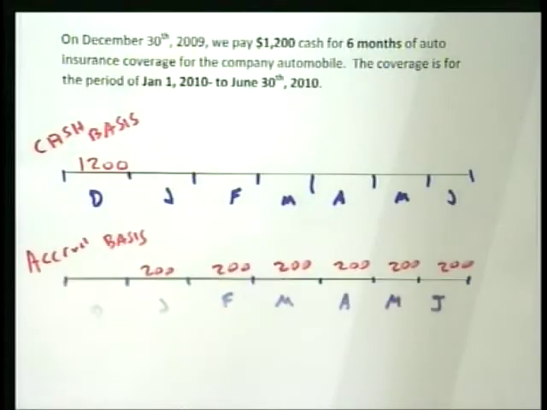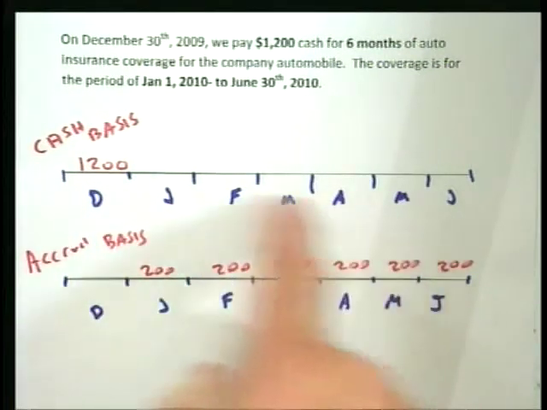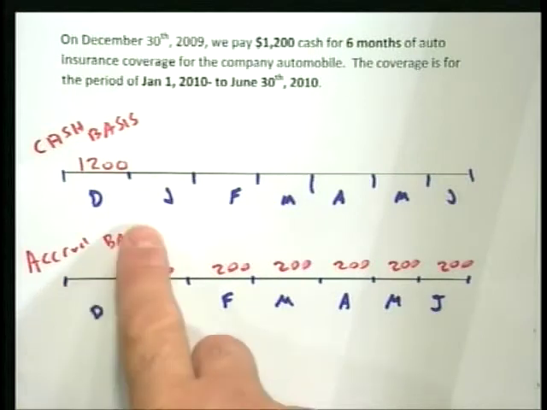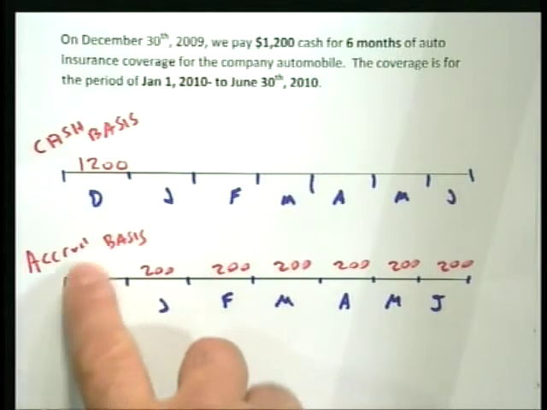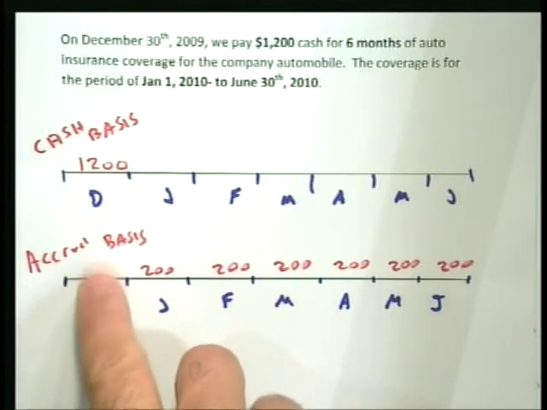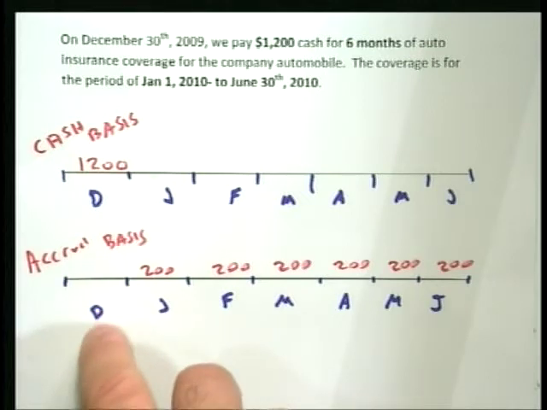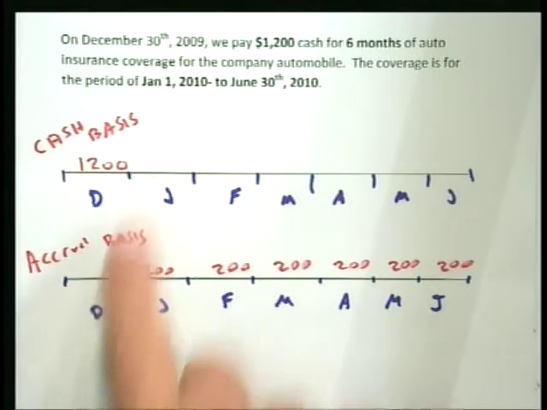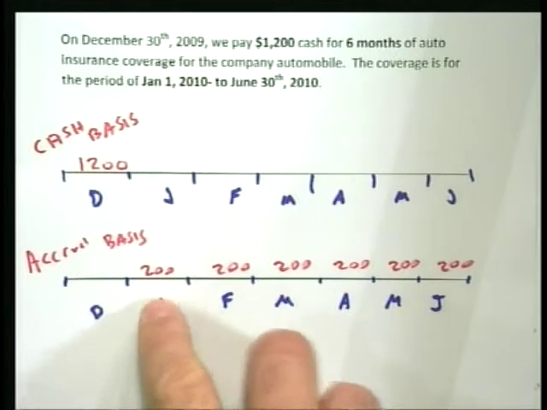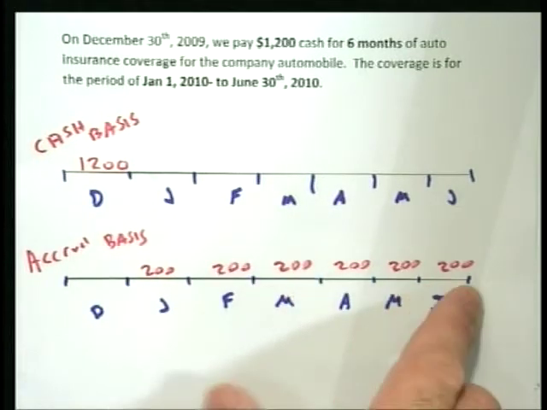So, a much more reasonable way to do it is to use the accrual basis, where there's no expense I should say. There's no expense that gets recognized in December in this situation. Rather, $200 gets expensed each of those 6 months.